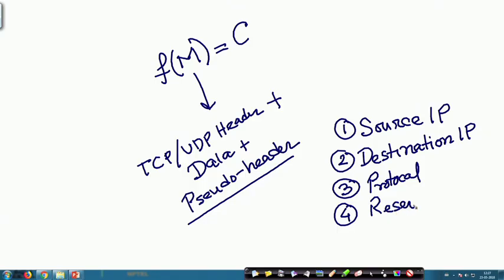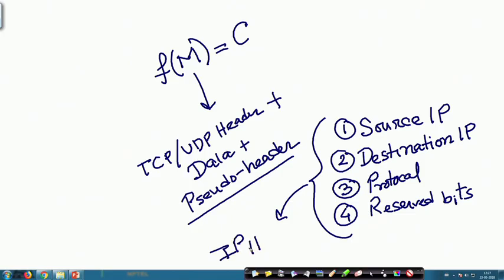There are 8 reserved bits in the IP header. All these fields come from the IP header. That way we consider this pseudo header in the computation of the checksum, but remember that this pseudo header is not transmitted with the packet. Once you have computed the checksum, you put the checksum in and discard the pseudo header. At the receiver end, the receiver will again construct the pseudo header, compute the checksum, match it with the received checksum and drop that pseudo header.